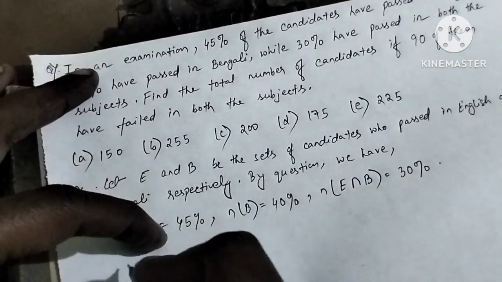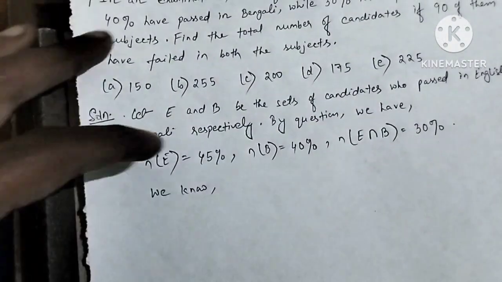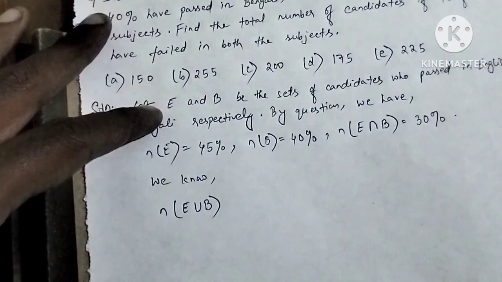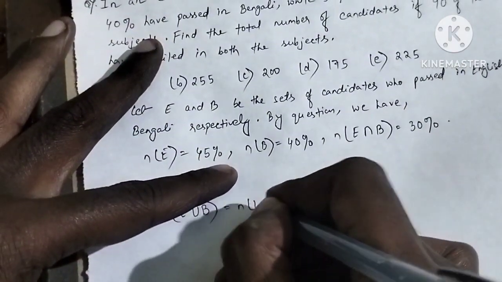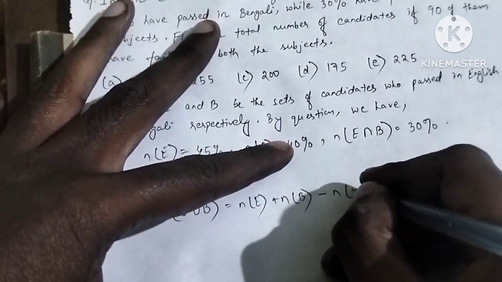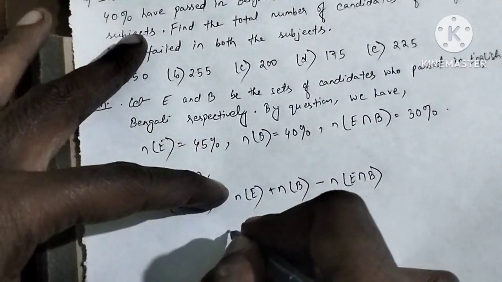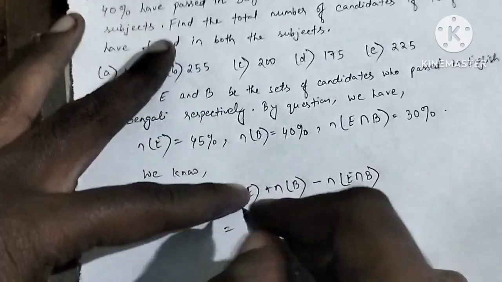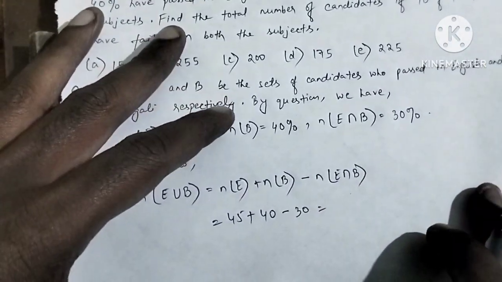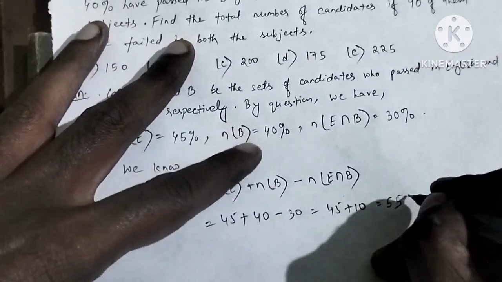Now we know the formula. The cardinal number of E union B is the cardinal number of E plus the cardinal number of B minus the cardinal number of E intersection B. So the cardinal number of E is 45, so 45 plus 40 minus 30. 45 plus 10, that is 55%.